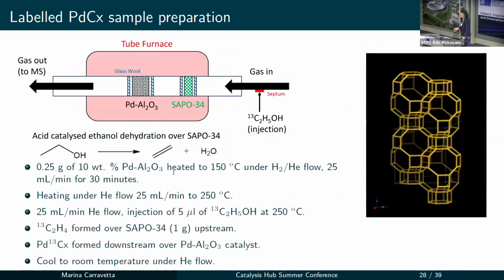What we decided to do was this. We made up a system in which we decided to flow in ethanol gas. Then in our tube furnace, we had a section of the furnace with SAPO-34.